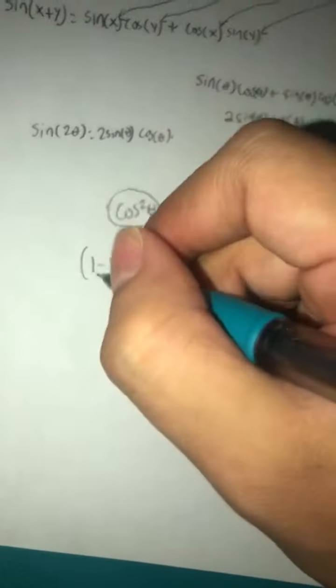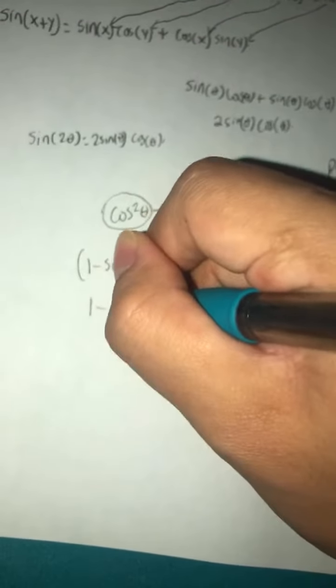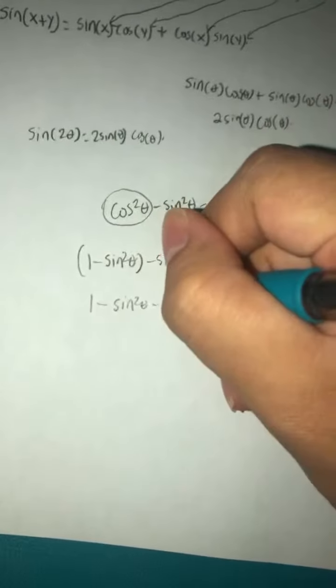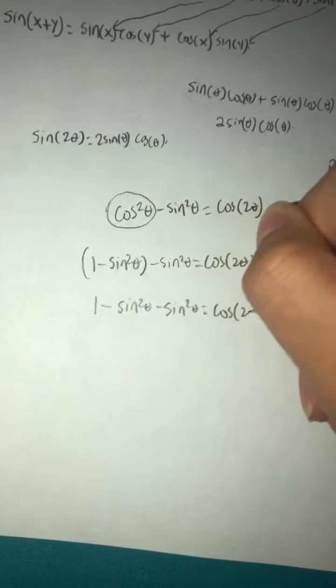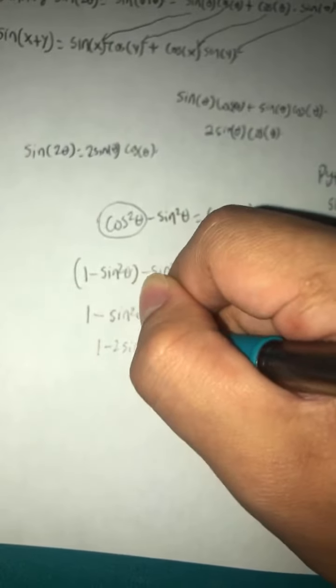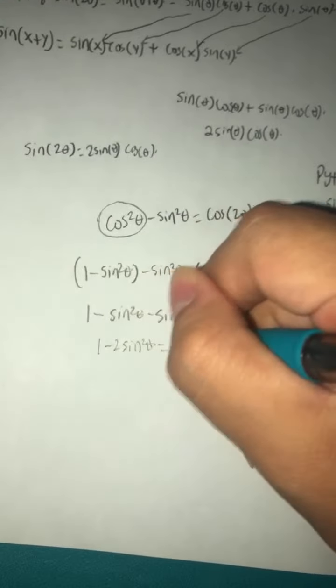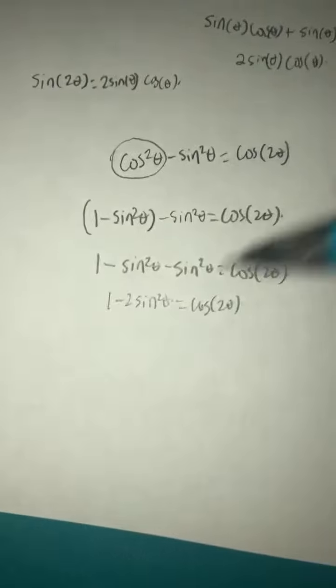This is equal to 1 minus 2 sine squared theta equals cosine 2 theta, okay? That's one of them.